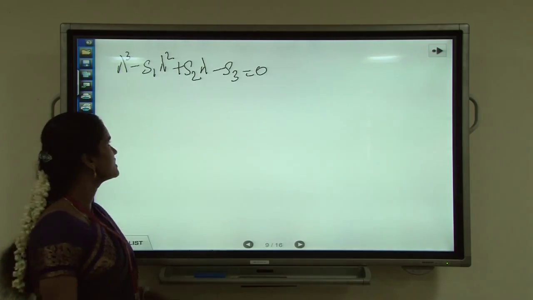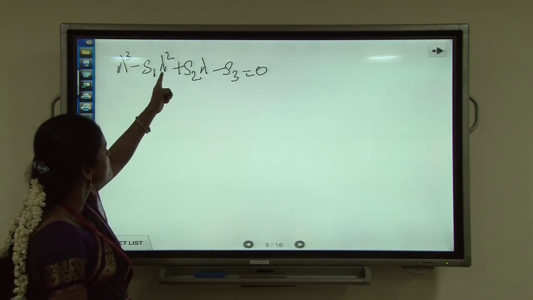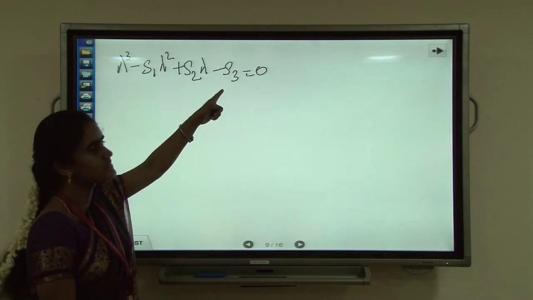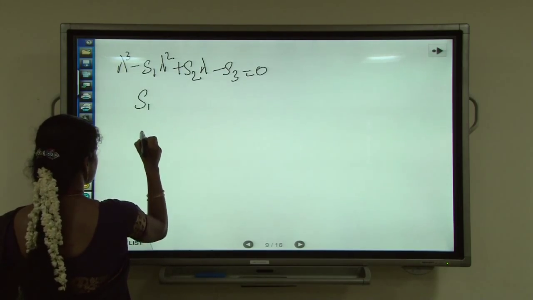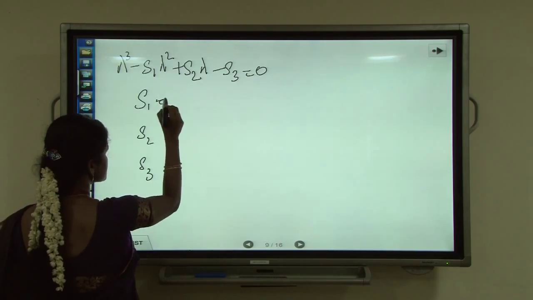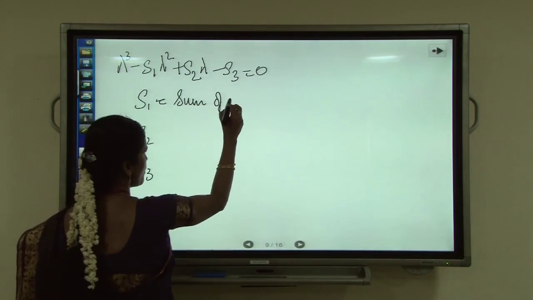Here we start with lambda cube, then the coefficient of lambda square is minus S1, then S2, and finally S3 with a negative sign. S1 is the same as for a 2 cross 2 matrix.